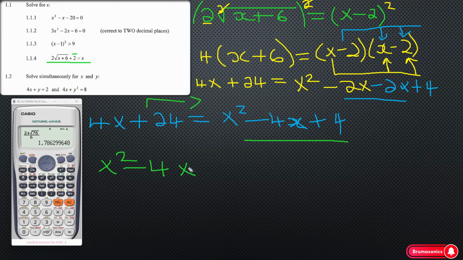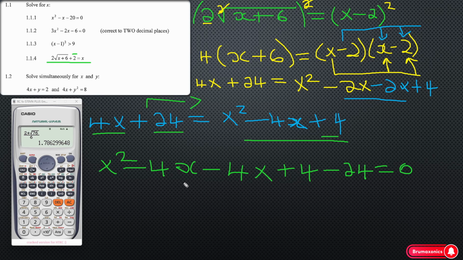4x, right? Minus 4x. I just want to rewrite this minus 4x, and then this side, when we take this to the other side, we're going to get minus 4x, and then we take 4, which is the plus of 4, and then minus 24, right, which is equals to 0.